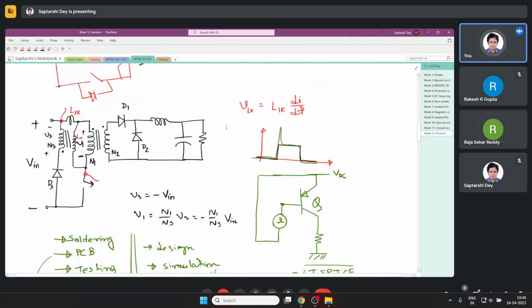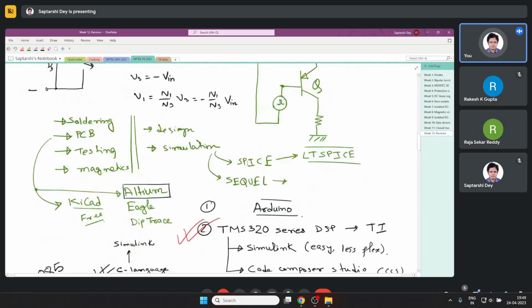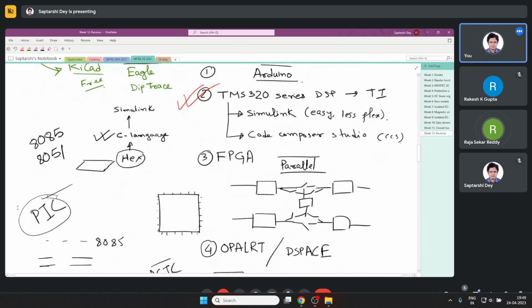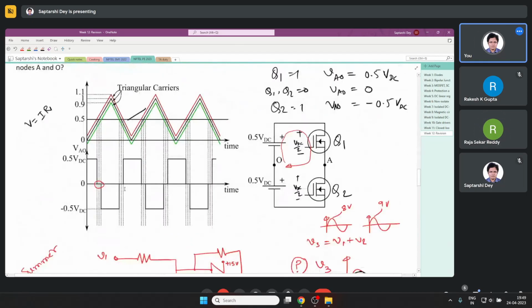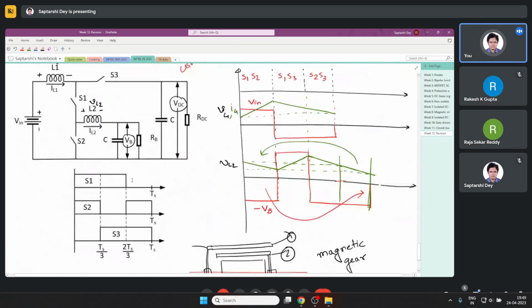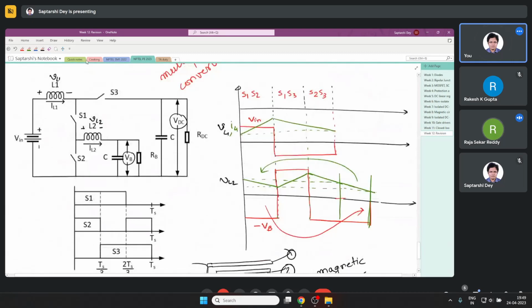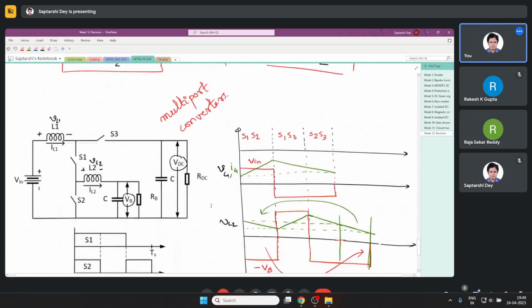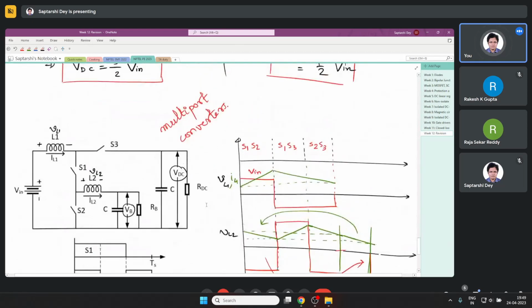There are specialized engineers now doing research on GaN, SiC. They are interested in devices, but I am mostly interested in converters. We try to study converters in the most general way possible. That is why I took up this circuit today. You should be able to analyze any circuit given to you in this fashion.